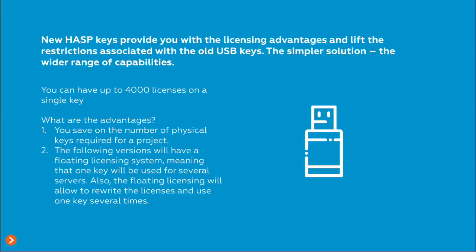So in the future, when we start the floating licensing, you'll be able to use one key, a USB dongle or just a software key, to run several servers. You will just split these thousands of channels between your servers and then reconfigure the licensing system to move one license, for example, from one server to another and so on.